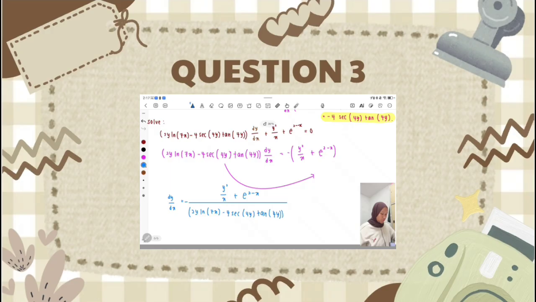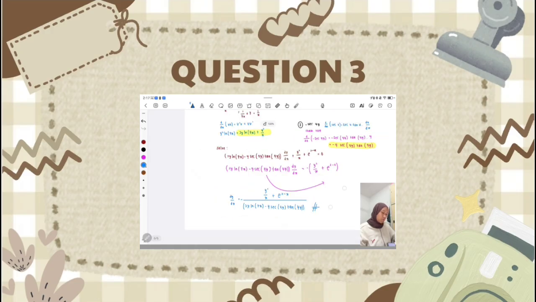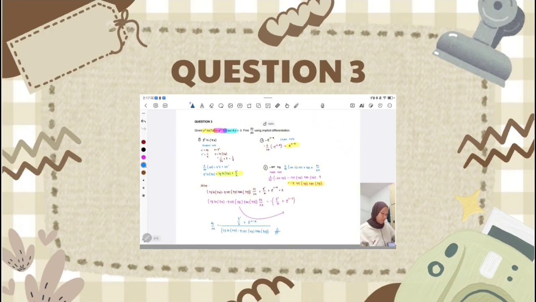So this is the final equation where dy dx equals negative y to the power of 2 over x plus e to the power of 2 minus x over 2y ln 7x minus 4 sec 4y tan 4y.